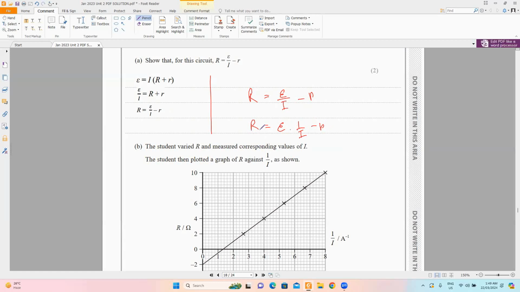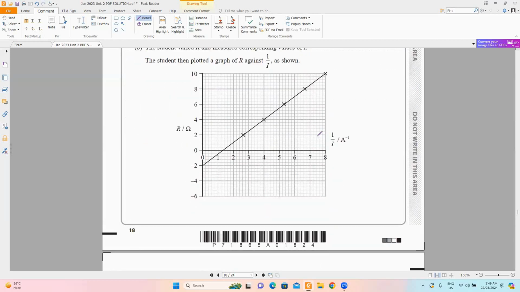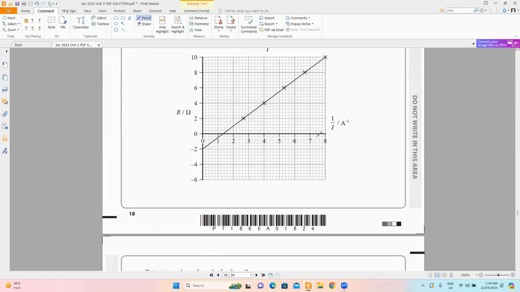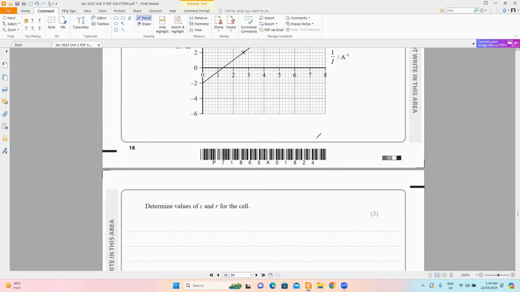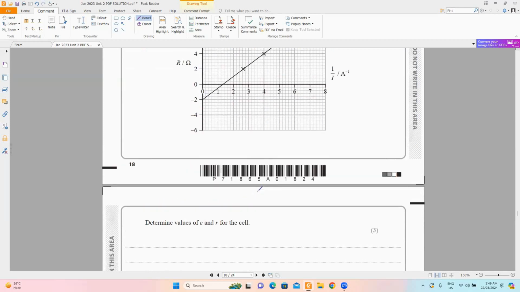If I am plotting a graph of R against 1 by I, since it's in the form y equals mx plus c, the gradient of the graph will give the EMF and the y-intercept will give the internal resistance. So from here, the question has to find out the EMF and r for the cell.